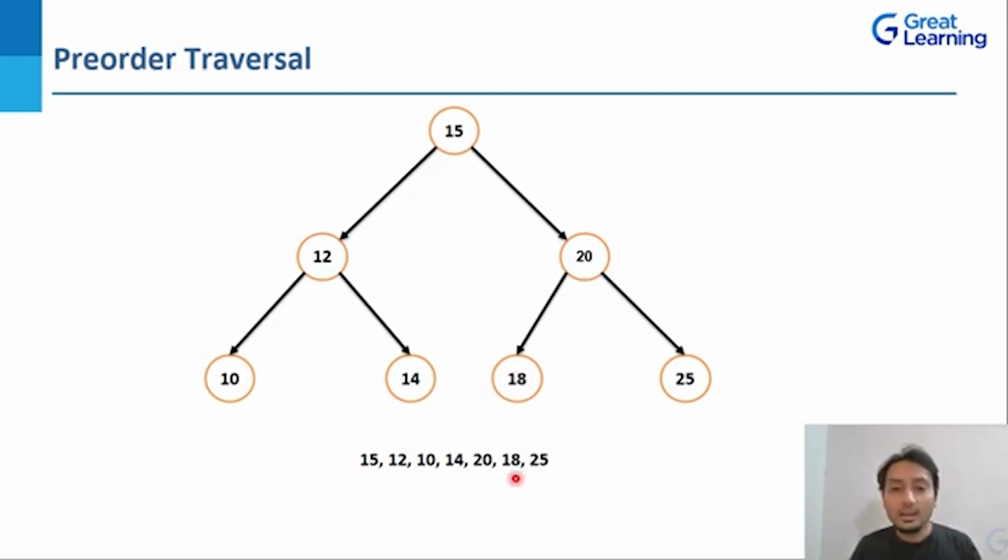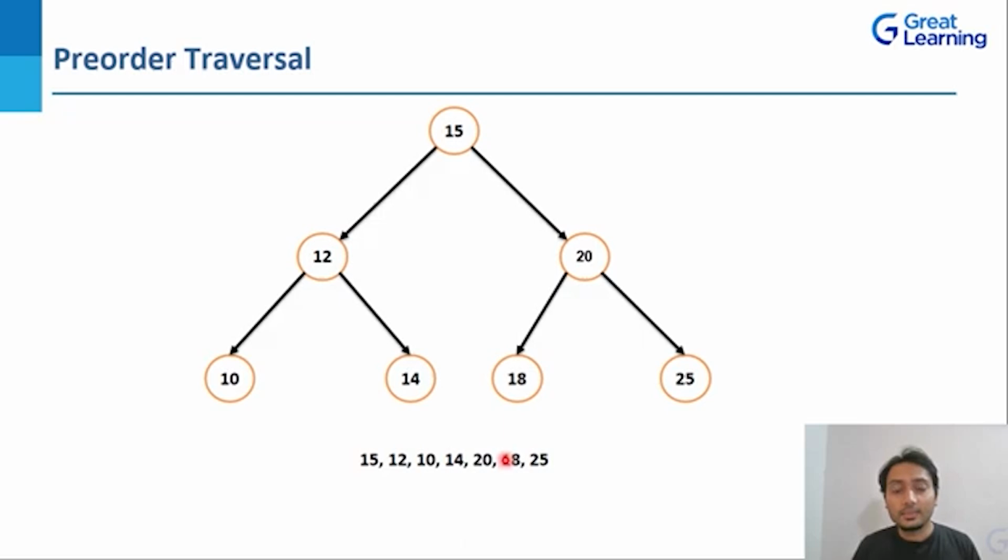So what is the next thing? List it down here as well. What is remaining now? The last node is 25. Now list it here. So according to the steps of pre-order traversal, we have traversed all the nodes in our tree, and this is what we have got here. This is the list which we have got after traversing all the nodes.